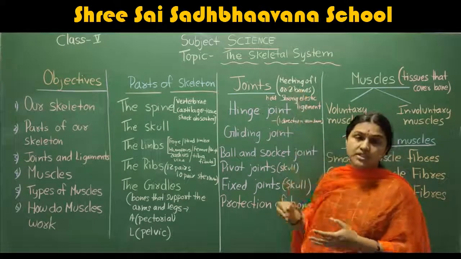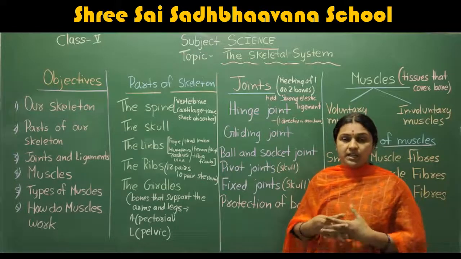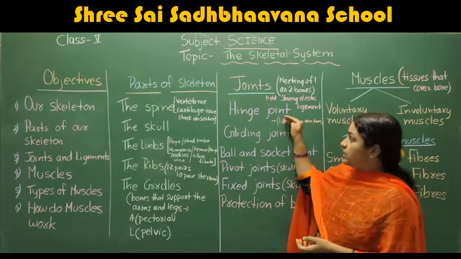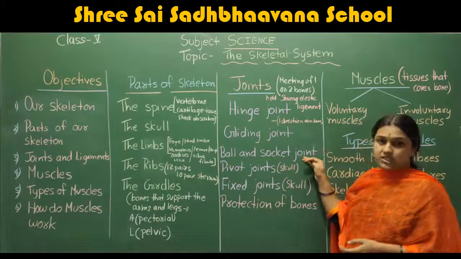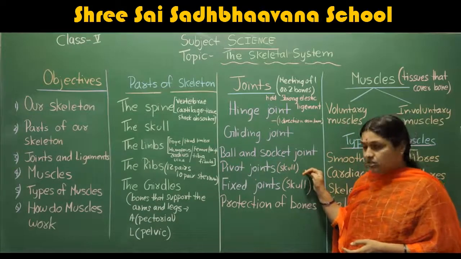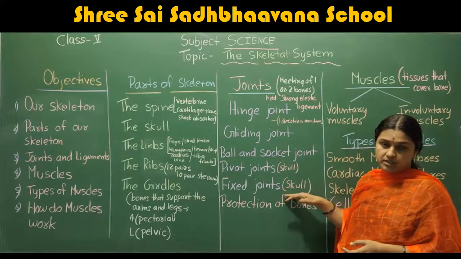There are different joints in the human body. Let's understand them. We have the hinge joint, gliding joint, ball and socket joint, pivot joint, and fixed joint.